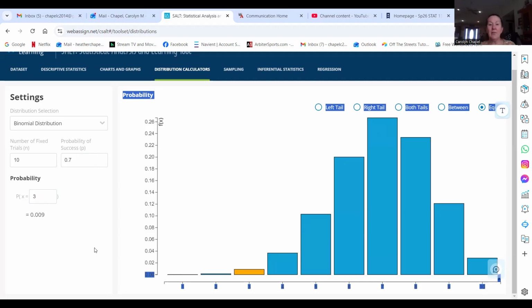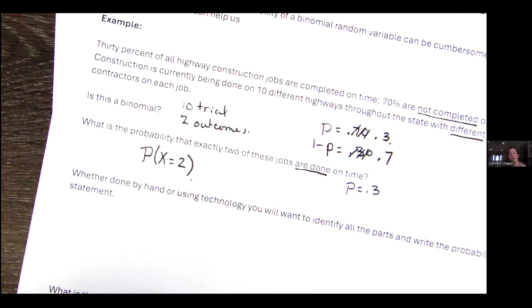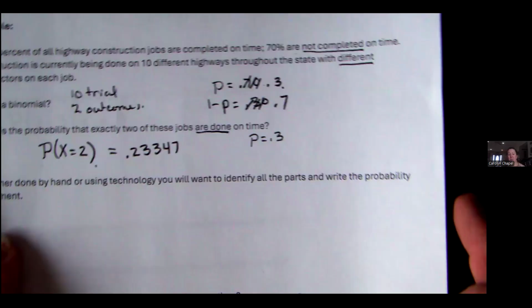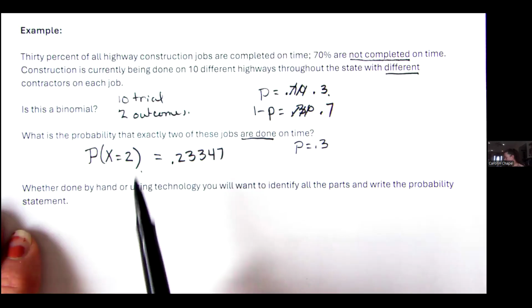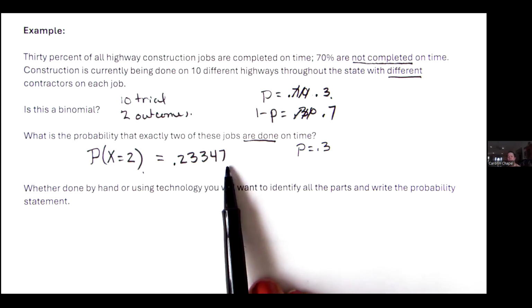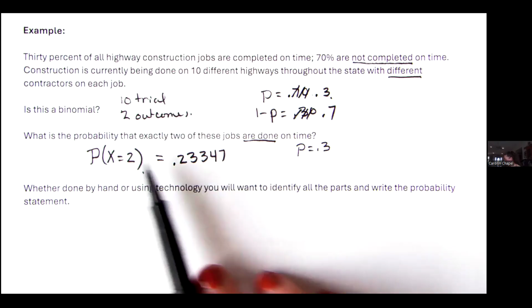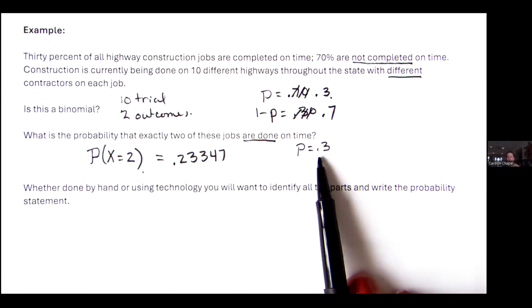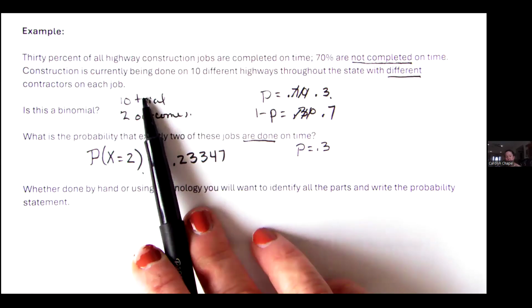I'm going to go back to our notes so that we can finish off this video and kind of look at this last one again. So I do have all those numbers in here. Our probability that X was equal to 2 was 0.23347. Remembering we put in the equal, our P was 0.3, we did have 10 trials.